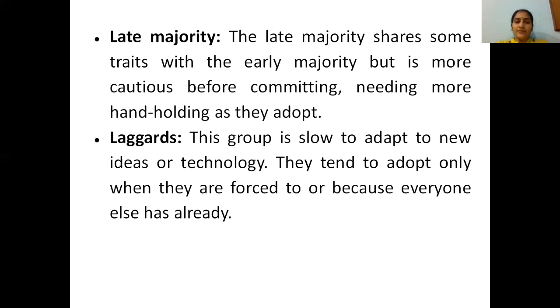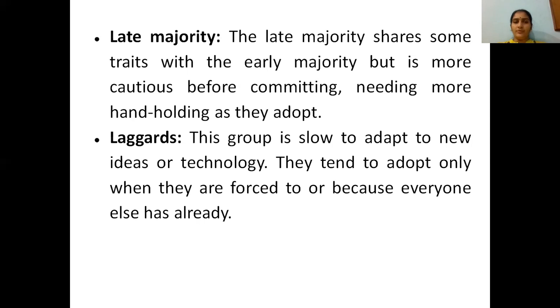Now, when everybody has already used such a change, such a new technology, then they think, oh, fine, everyone has used it, now I should also go for it. Otherwise, I would be ostracized from this technology. So this group is slow to adopt new technology or any new ideas which are coming into the picture.